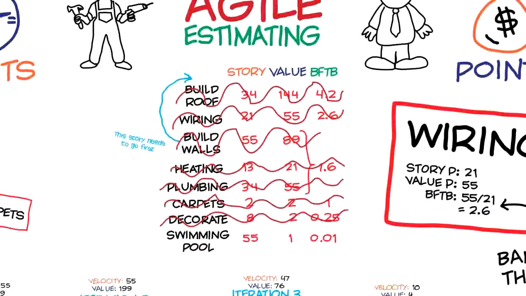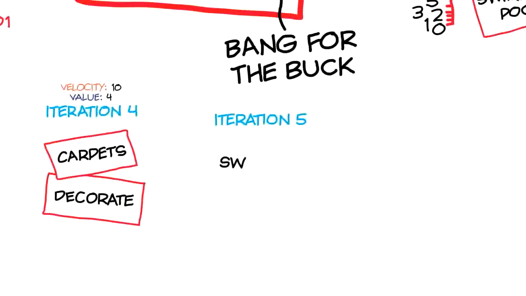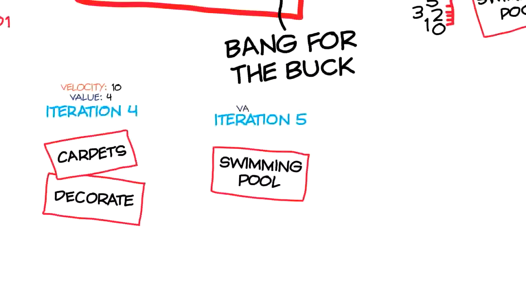Now, in the same way that the development team have been using their velocity to work out what their story points are in real time, a customer can use the declining value to decide whether it's worthwhile to continue with the project, because early on, in the first few iterations, they'll be getting a very high value for their fixed cost. They're paying a fixed amount of money for the people to work on each iteration.